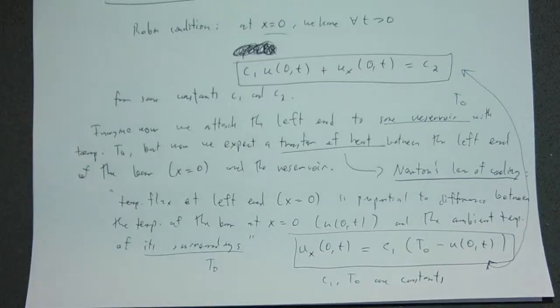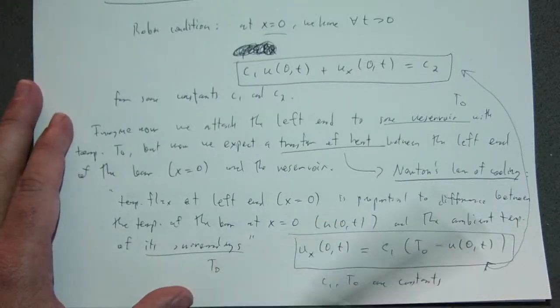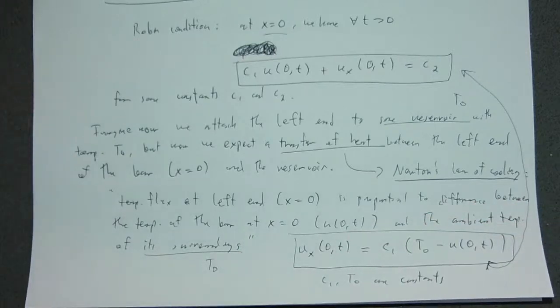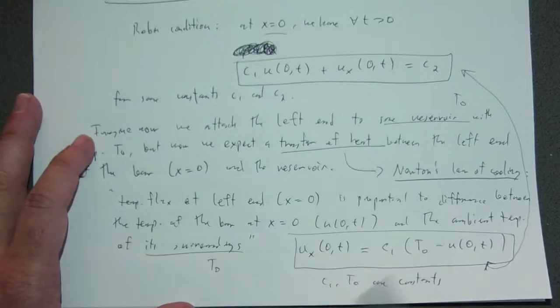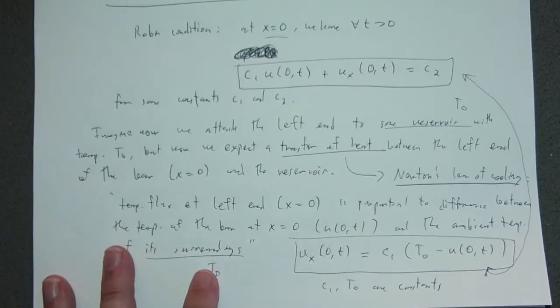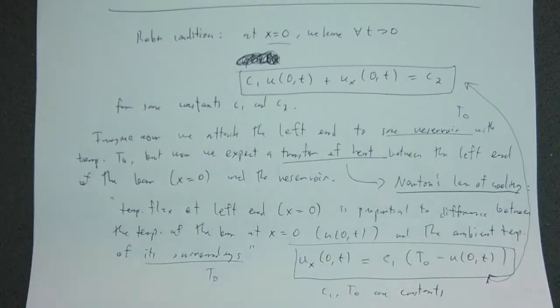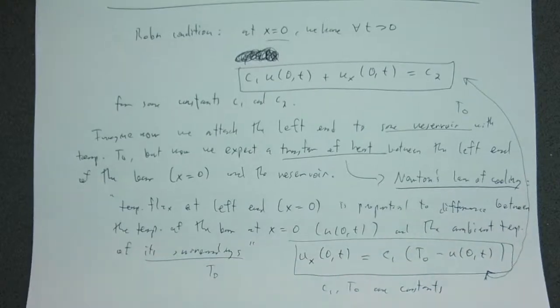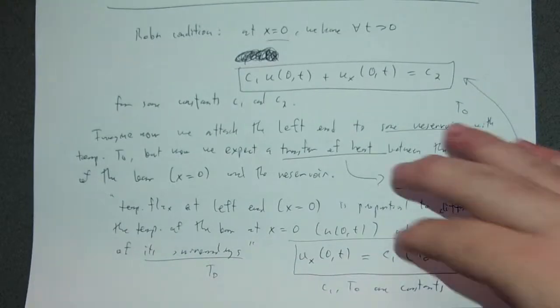So this is telling us whether it's flowing into the bar or out into the reservoir. Our intuition checks out, and all of this makes sense. So one interpretation of the Robin condition is exactly this: I'm allowing heat flow from the bar into the reservoir, the room it's attached to. Okay.